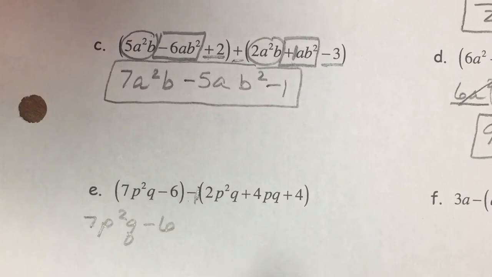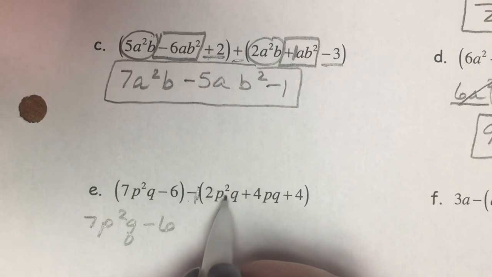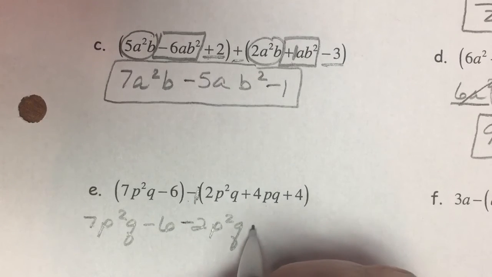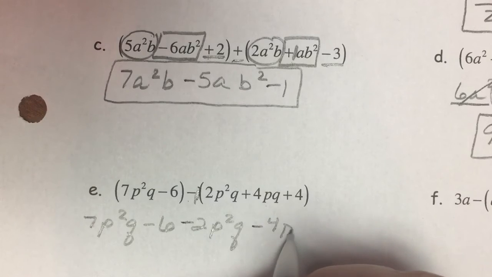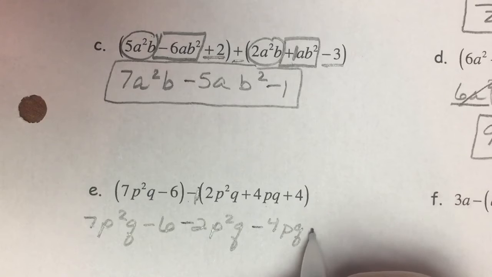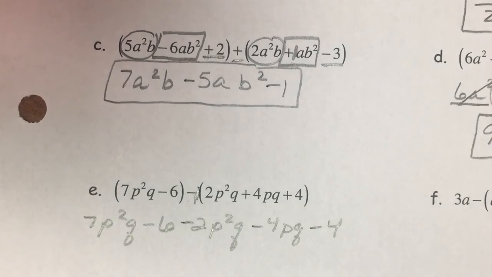Nothing happens here. Negative 1 times 2p squared q would be negative 2p squared q. Negative 1 times 4pq would be minus 4pq. And negative 1 times positive 4 would be minus 4.